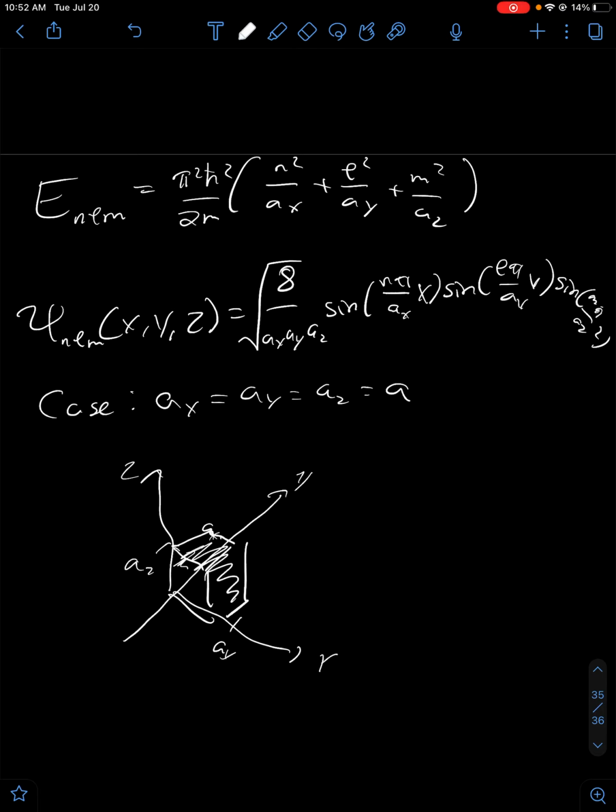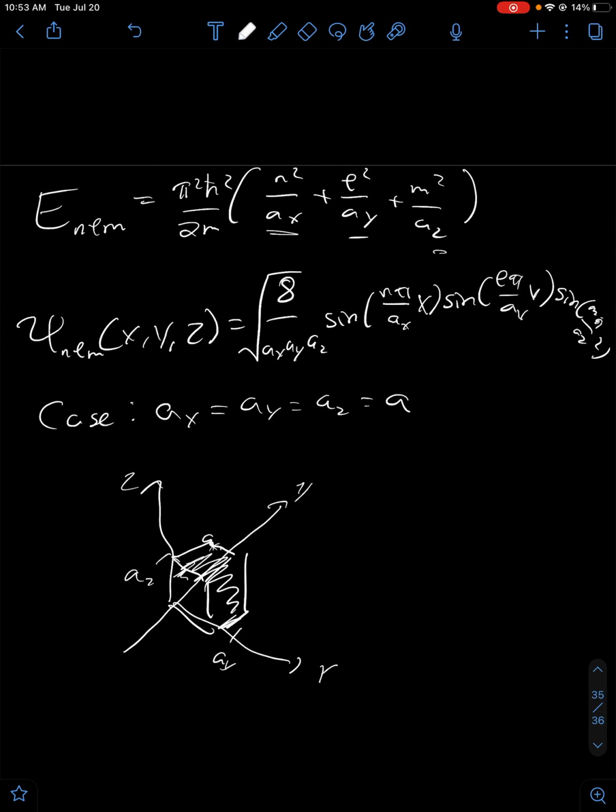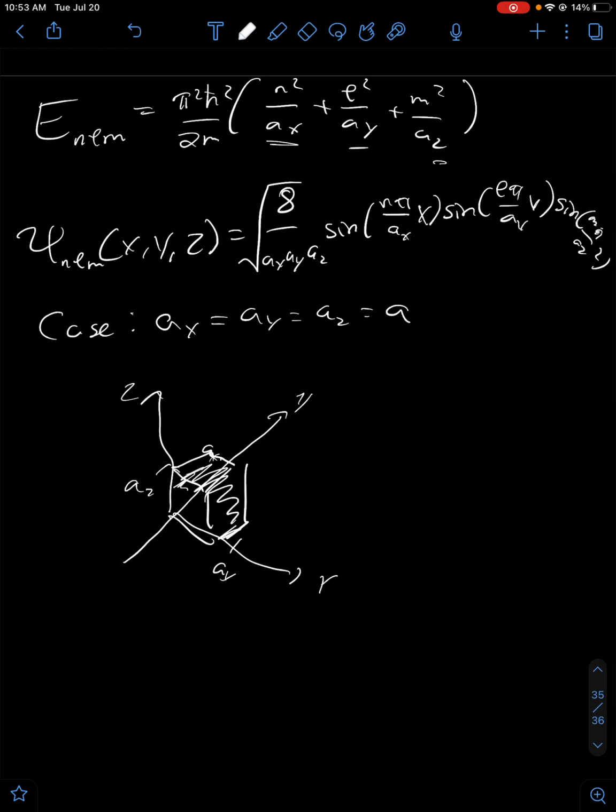Note that if these sides weren't equal to each other, that would change our energies, since they depend on a_x, a_y, and a_z. It's kind of cool how stretching and squeezing your cube will change the energies of your particle. But let's go to the case where all sides have equal length.